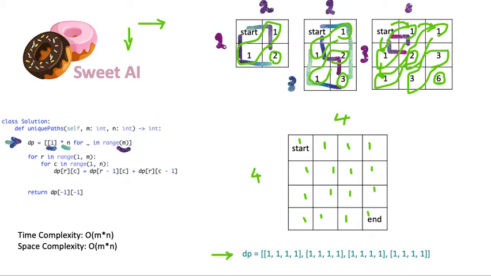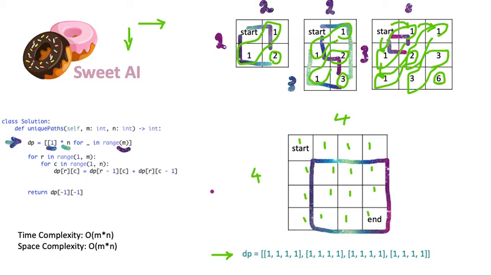What we are going to do is iterate through this grid, but because we already know there is only one unique path to reach every single cell in the first row and the first column, we can avoid the first row and the first column and just iterate through this part of the grid.